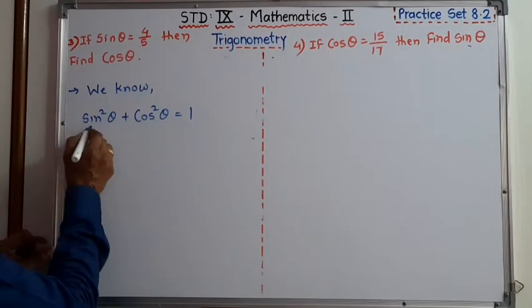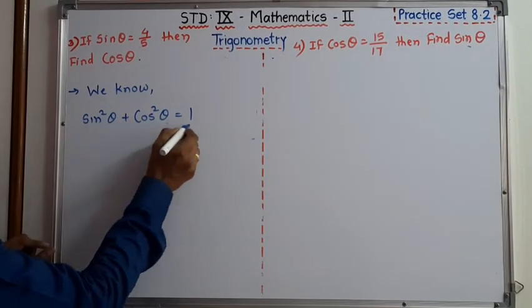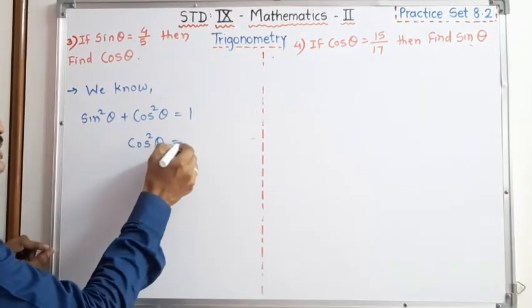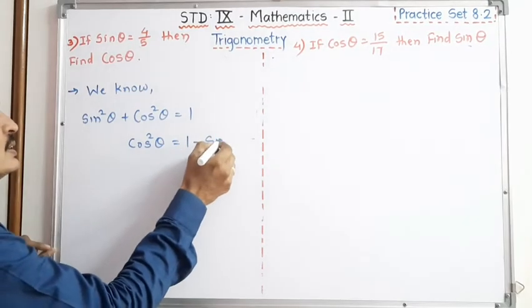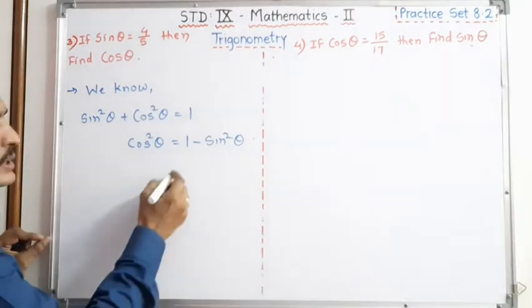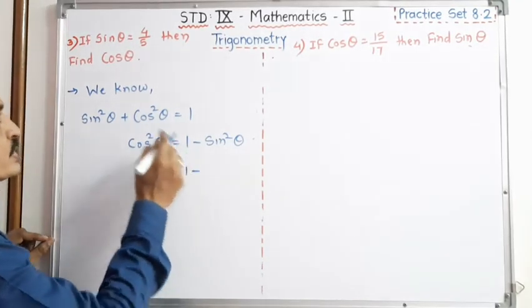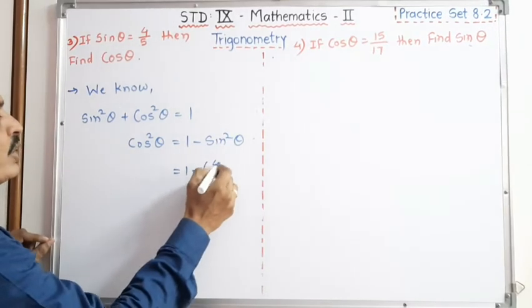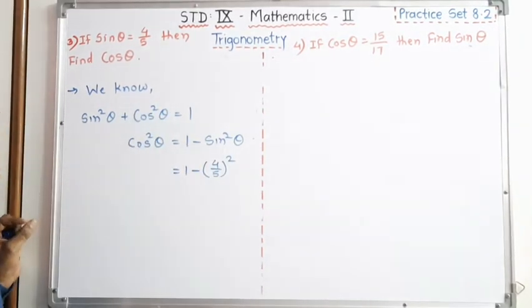Now see dear student, sin square theta plus cos square theta is equal to 1. That means cos square theta is equal to 1 minus sin square theta, isn't it? Now see, it is 1 minus, what is the value of sin theta? It is 4 upon 5. We have to make the square of it.